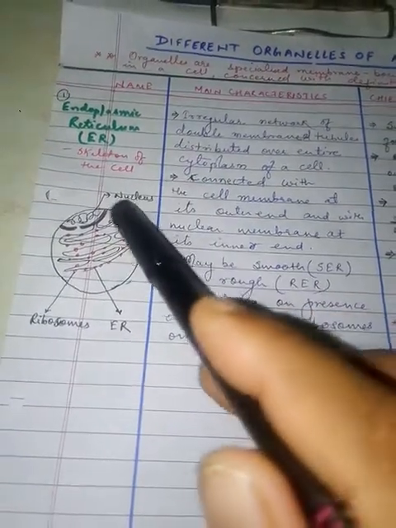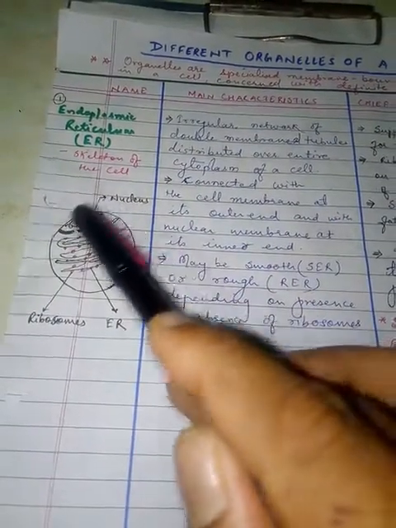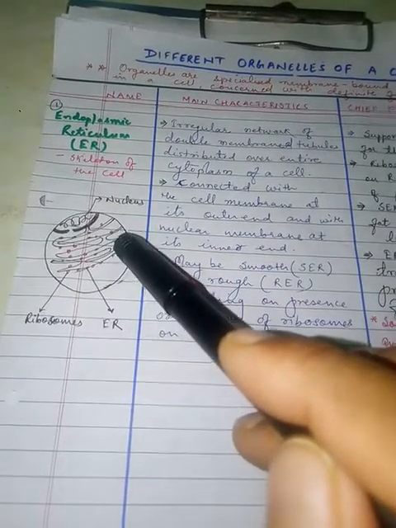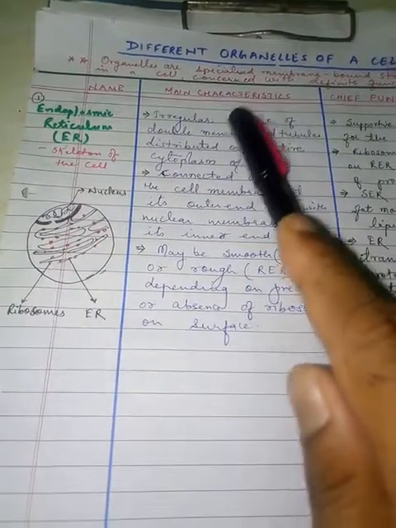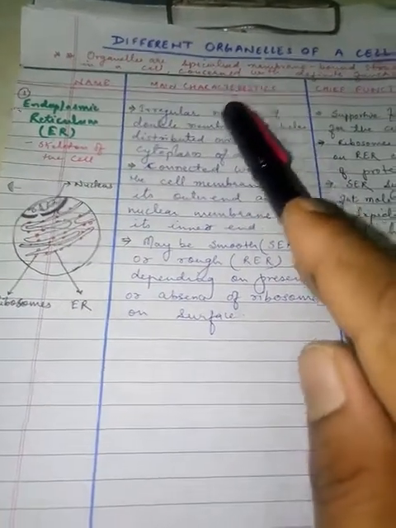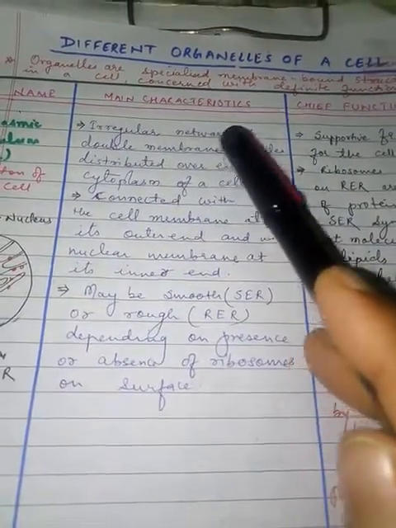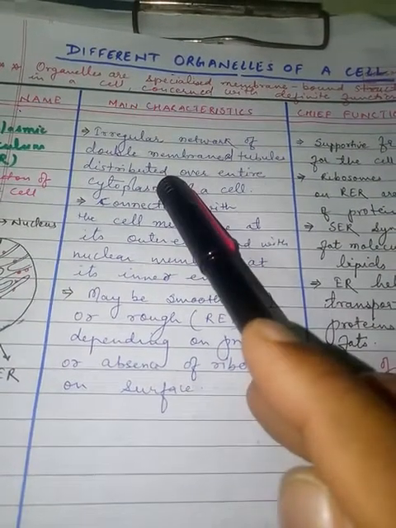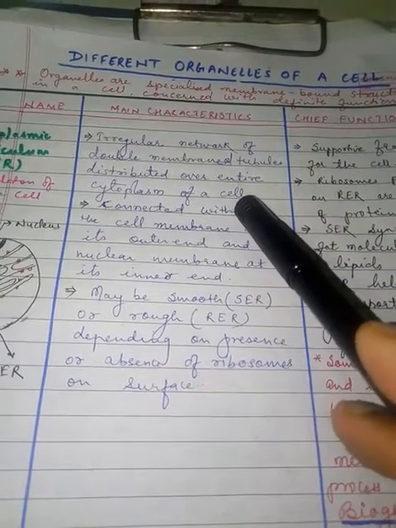Okay, and you can see an enlarged view of endoplasmic reticulum here, and now come to the main characteristics of endoplasmic reticulum. So endoplasmic reticulum is irregular network of double membrane tubules distributed over entire cytoplasm of the cell.